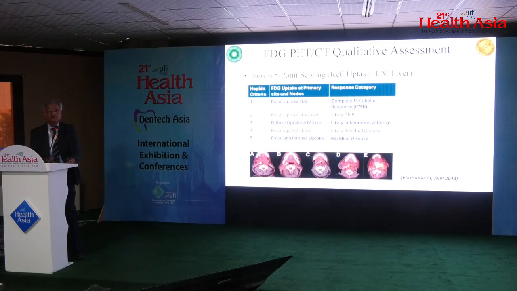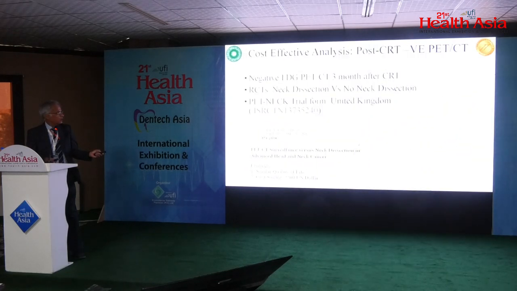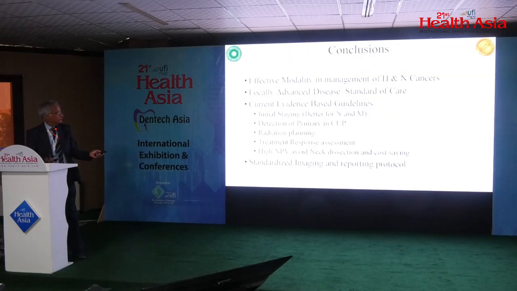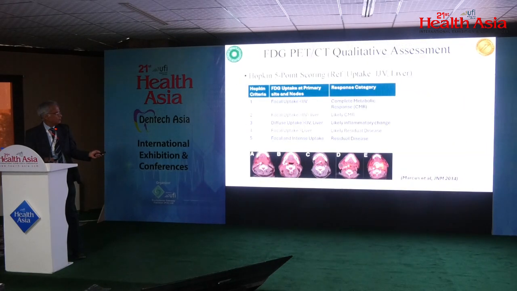However, in this regard, various professional societies have published various reporting guidelines, and one of them is the Hopkins 5-point scoring system, in which the hypermetabolic uptake over the primary tumor and metastatic lymph node is compared with the internal jugular vein uptake and the liver uptake.